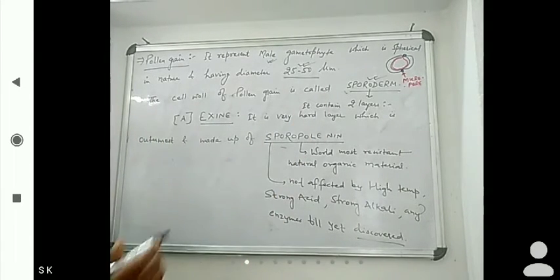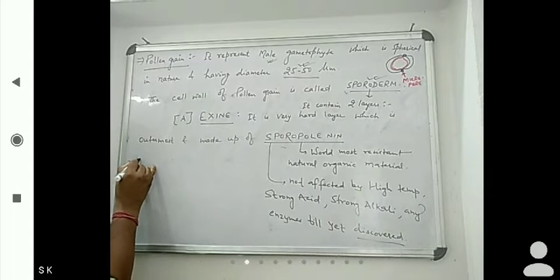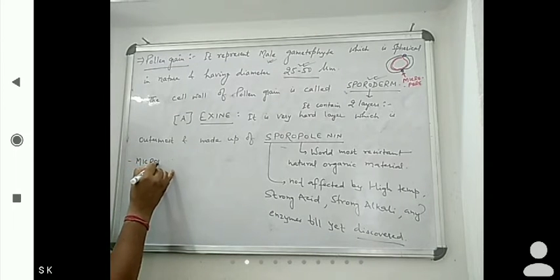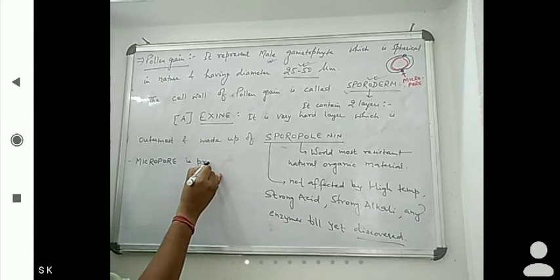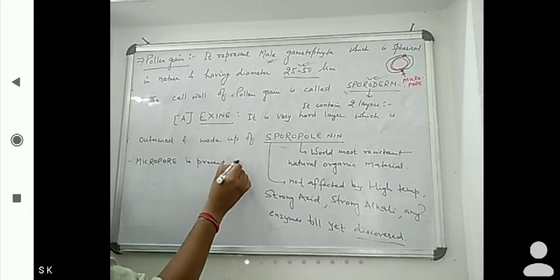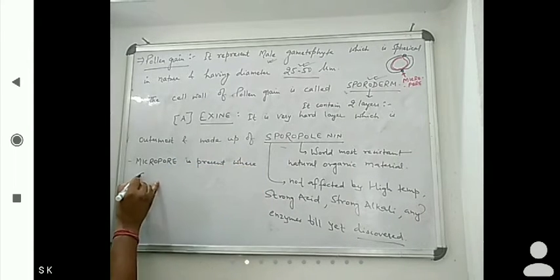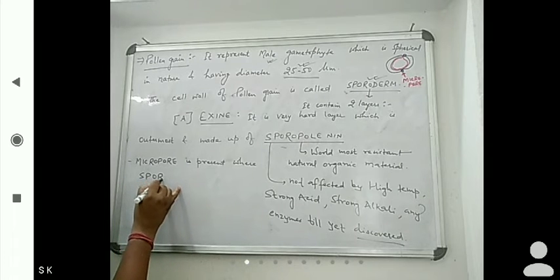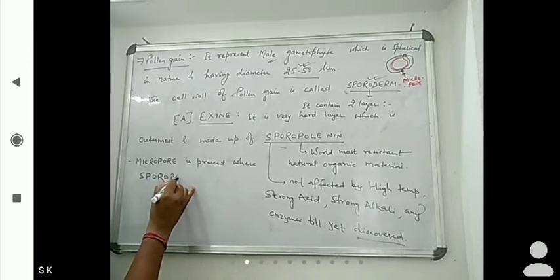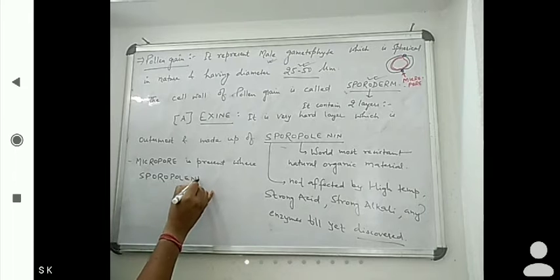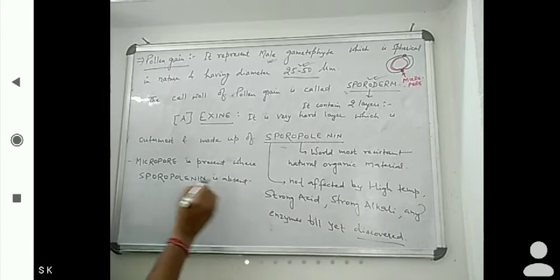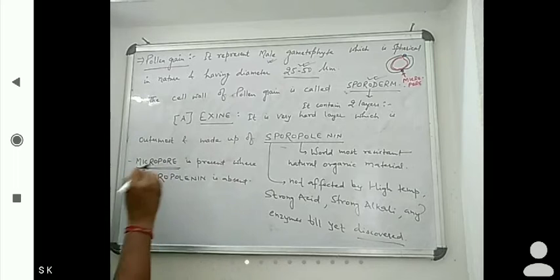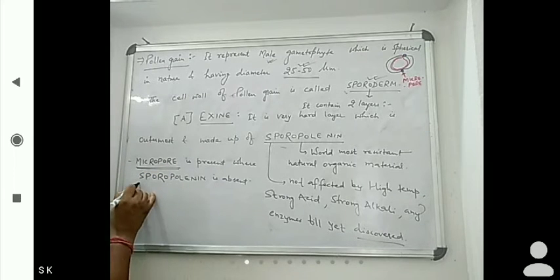Now we will see micropore is present where sporopollenin is absent. This you have to remember: micropore is present where sporopollenin is absent.